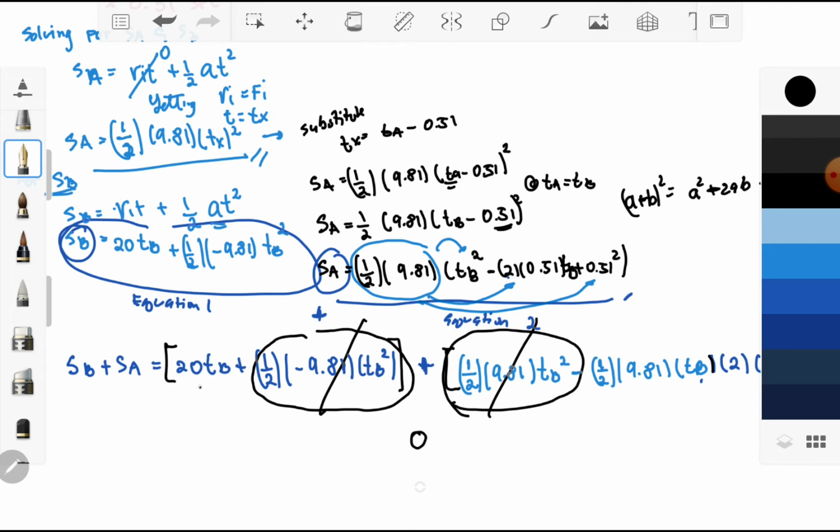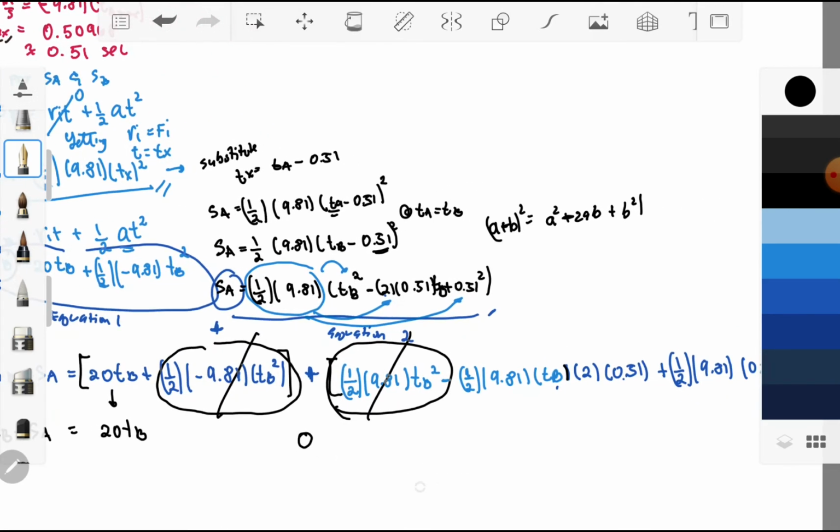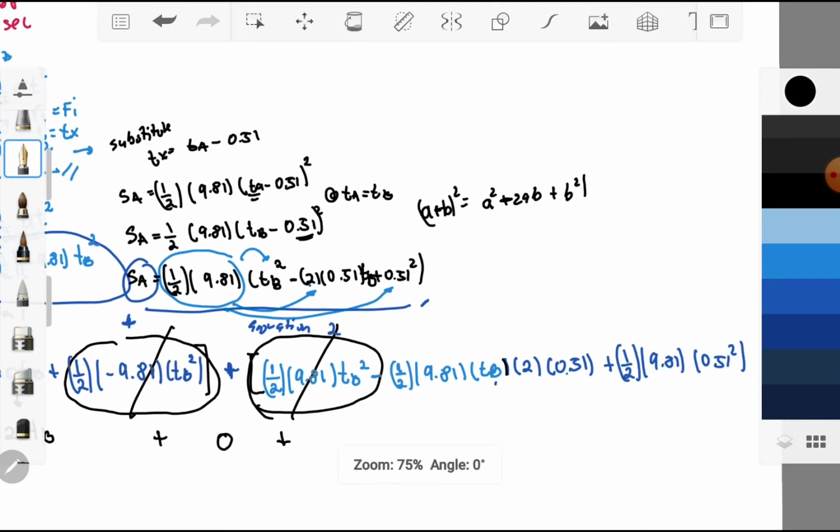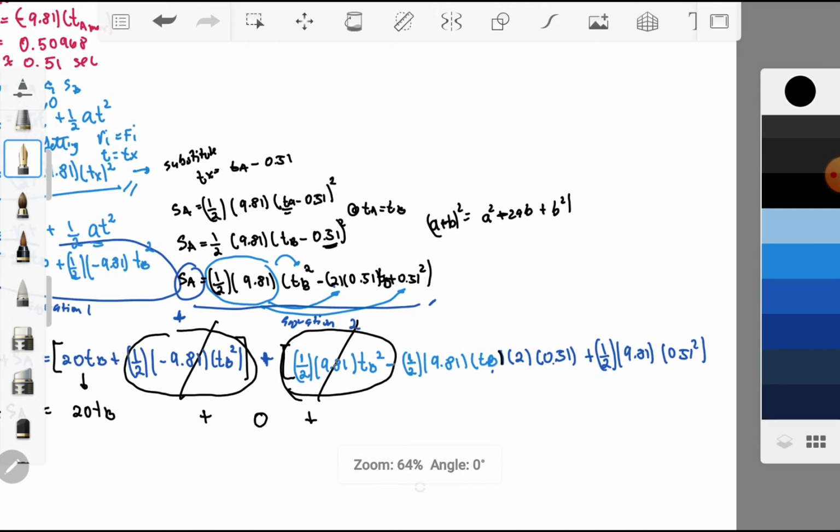Okay, so we have 20 TB, which is also equal to our SB plus SA, right? So 0, plus our negative 1/2, so let's calculate this one.